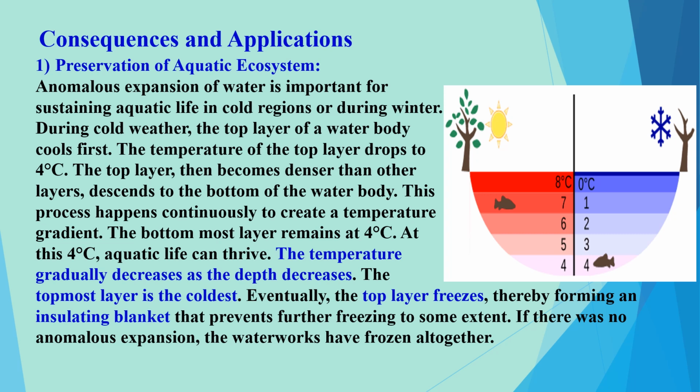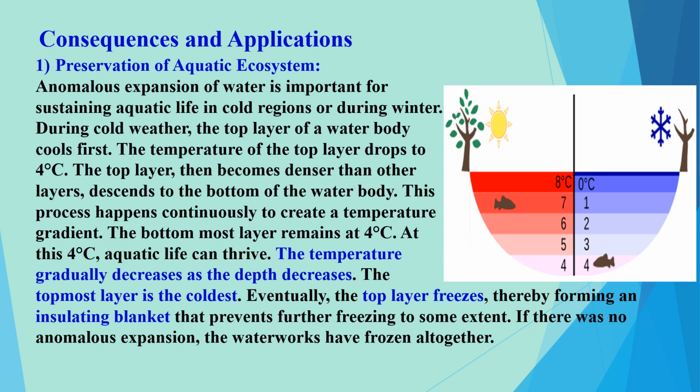This process happens continuously to create a temperature gradient. The bottommost layer remains at 4 degrees Celsius. At this 4 degrees Celsius, aquatic life can thrive. The temperature gradually decreases as the depth decreases.